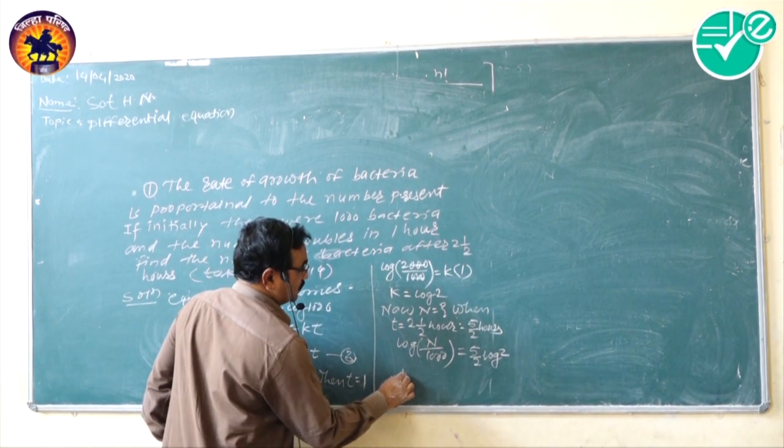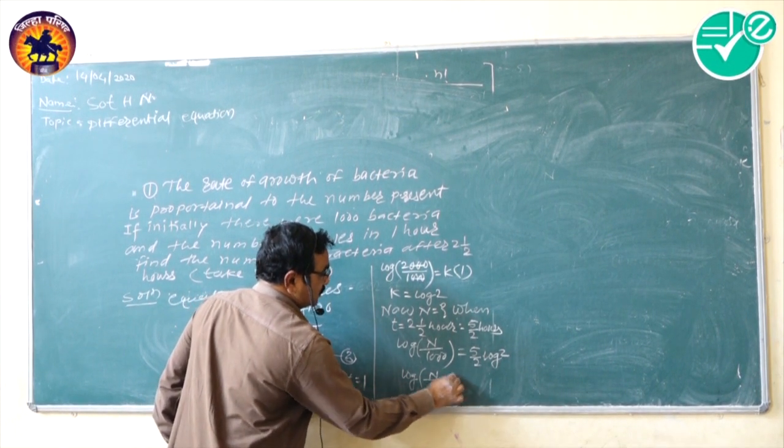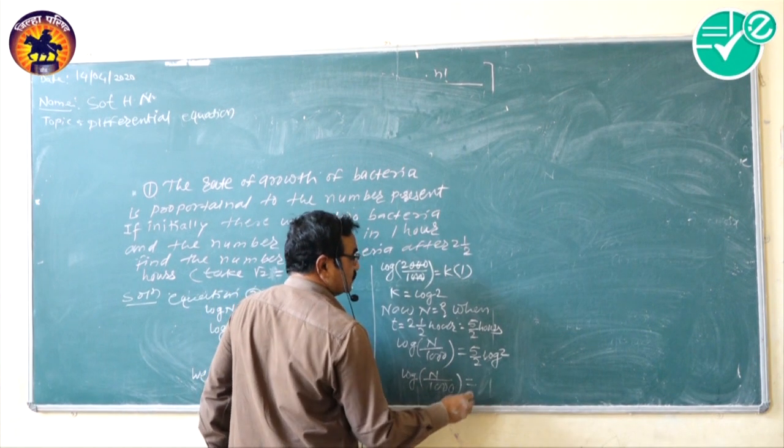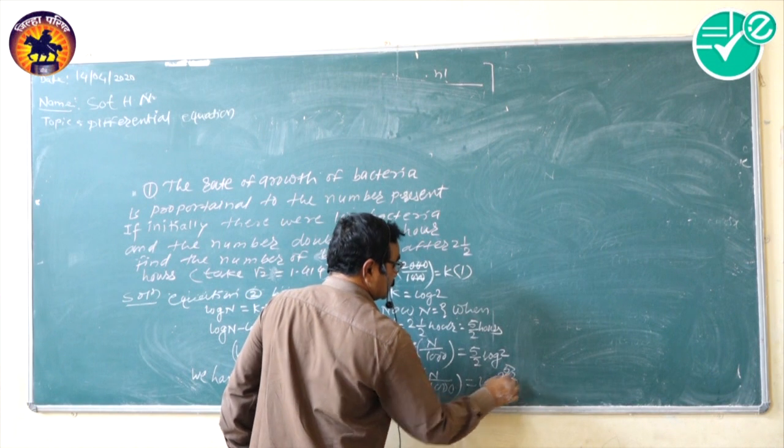Log of N upon 1000 is equal to log of 2 raised to 5 by 2.